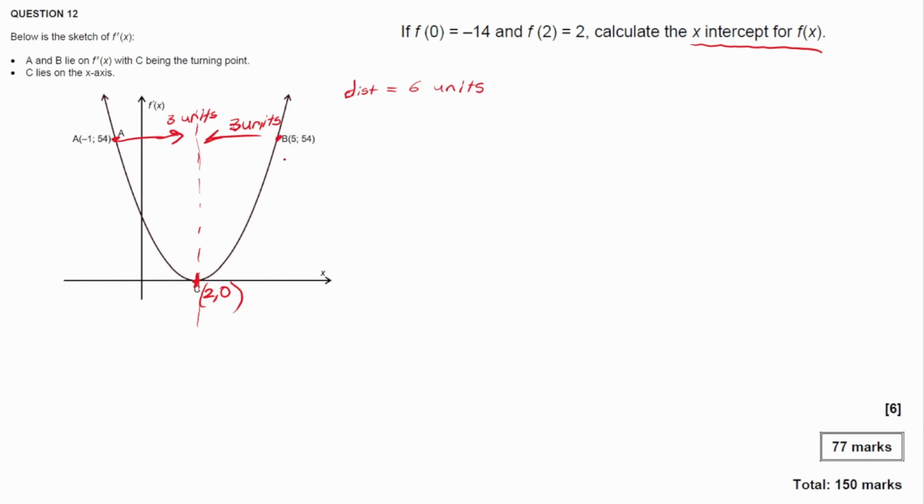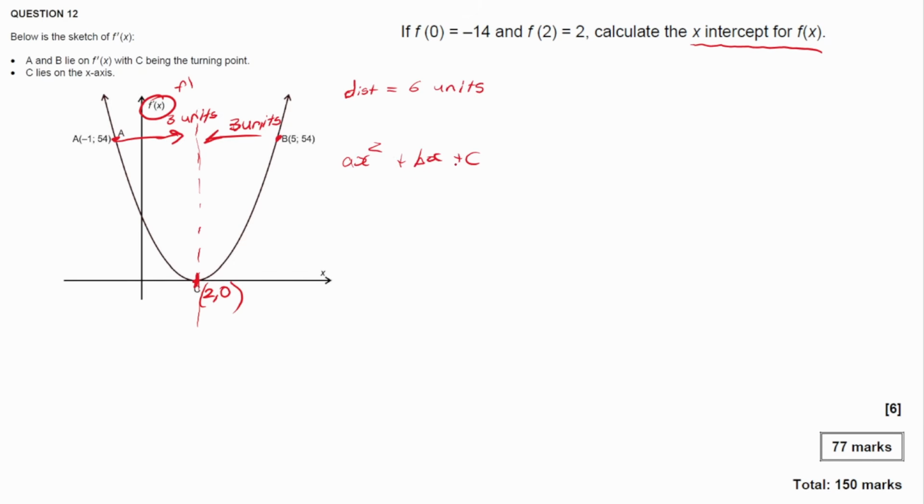So this thing that they've given us over here is f prime of x. They're asking about f of x, which is interesting. All right, so if this graph of f prime of x is a parabola, the equation for this will be something like ax squared plus bx plus c.